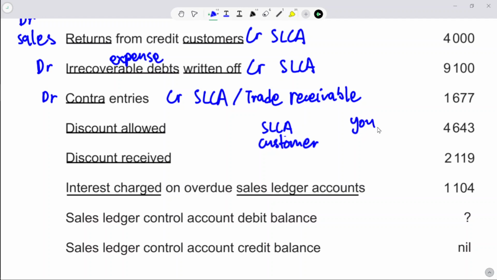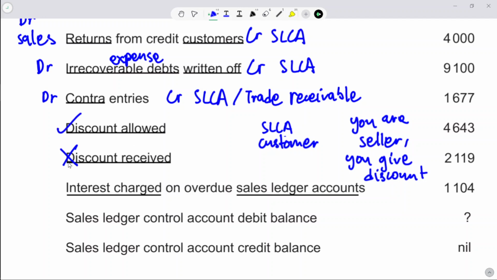So you are the seller. So you give discount, not receive discount. So discount allowed, I give; discount received, I don't give.